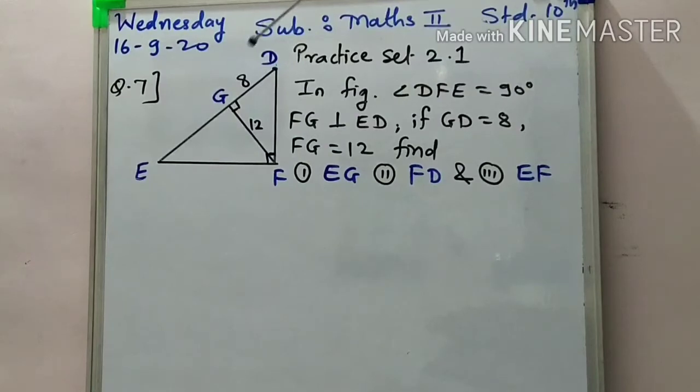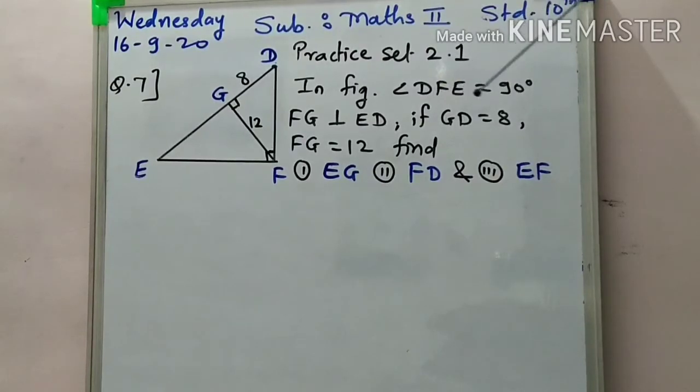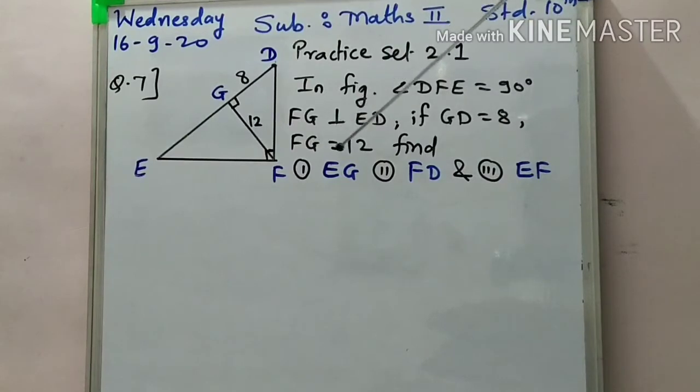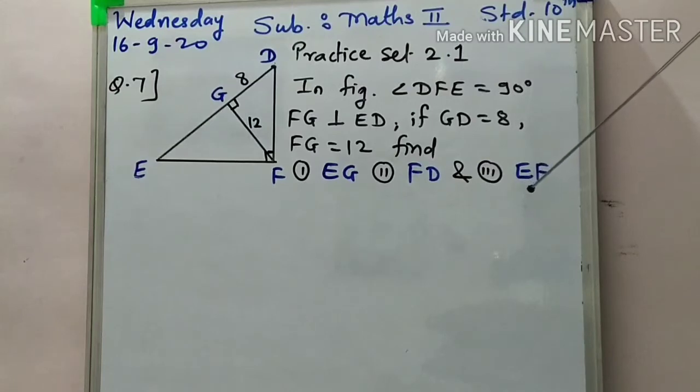Now in the 7th example, in a figure, angle DFE is given as 90 degree, FG is perpendicular on ED, and if GD is equal to 8 and FG is equal to 12, find these three sides: EG, FD, and the segment EF.